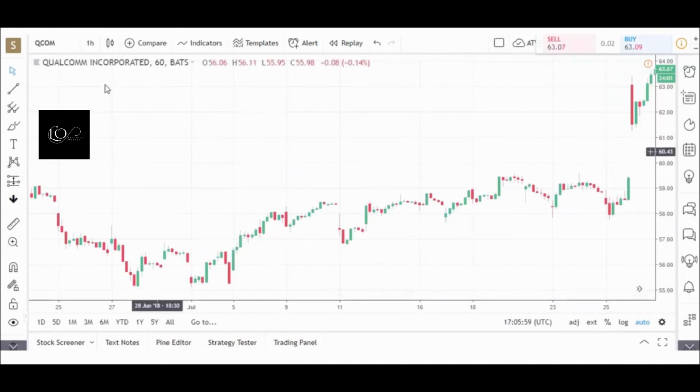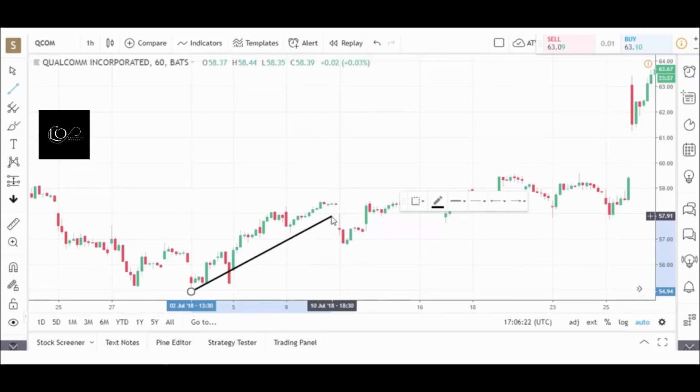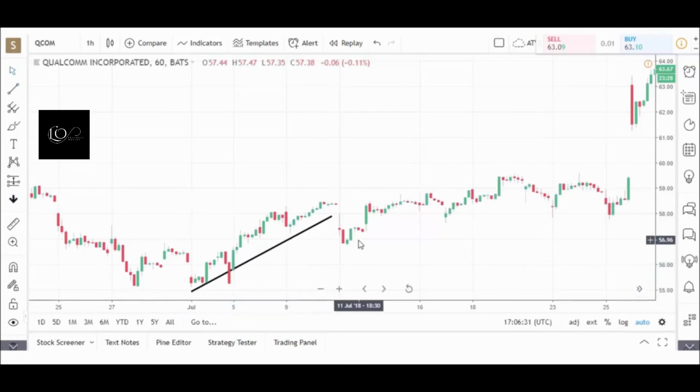We have Qualcomm, and we're looking at an hourly chart, and you'll often see flags and pennants and triangles on hourly charts. They can help guide your trading on a shorter term basis. So if we look here in July, on July 18th, we see that the stock is moving up, has a slight pullback, and then continues the bullish pattern.